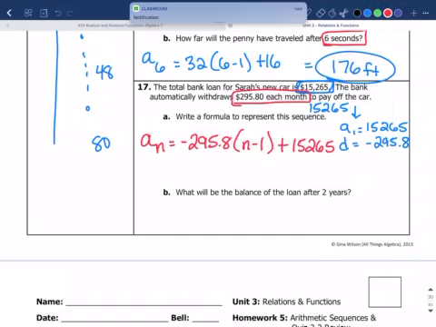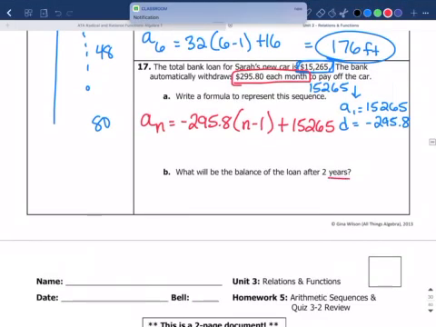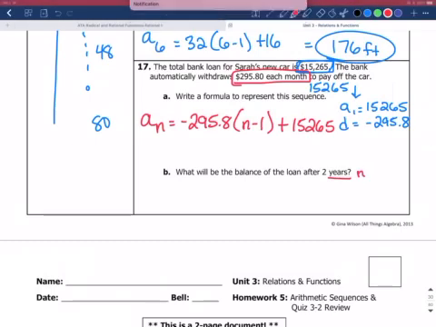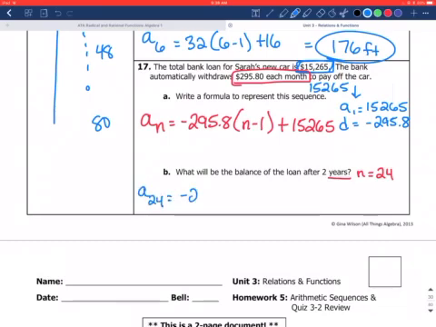Now, it says what will be the balance of the loan after 2 years. So obviously there are 12 months in a year, so there's 24 months in 2 years. So we're actually plugging in 24 here. Be very careful with that too. Negative 295.8 times 24 minus 1, plus 15,265.